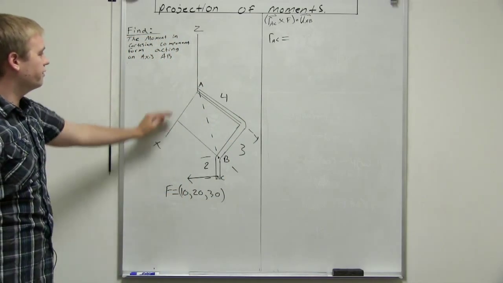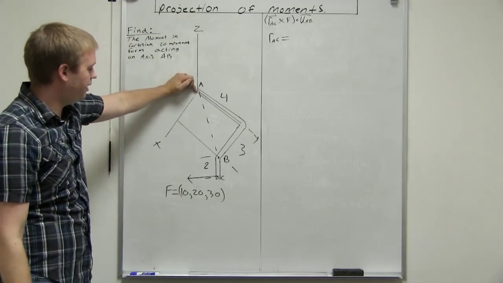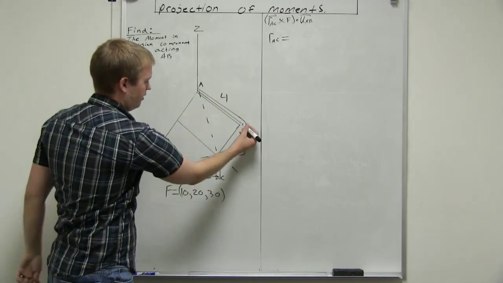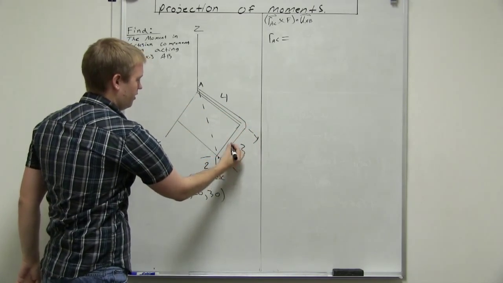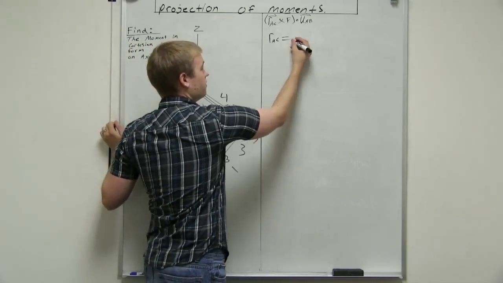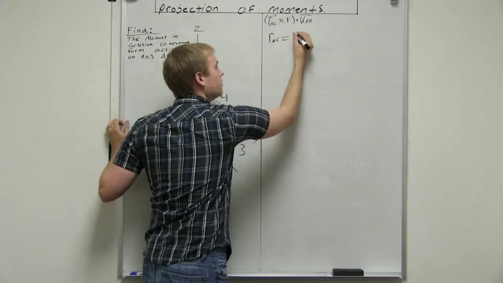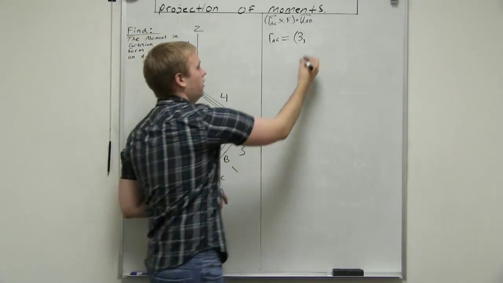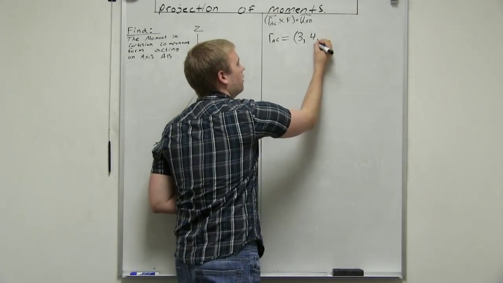Okay. So if we look at the problem, point A is here, point C is down here. In the x direction goes 3 over, so that is positive 3. In the y direction, it comes out 4. Okay.